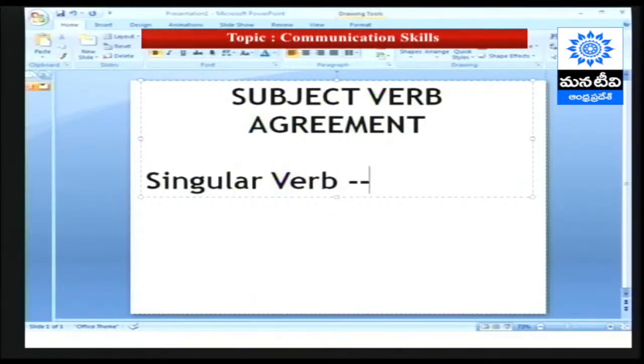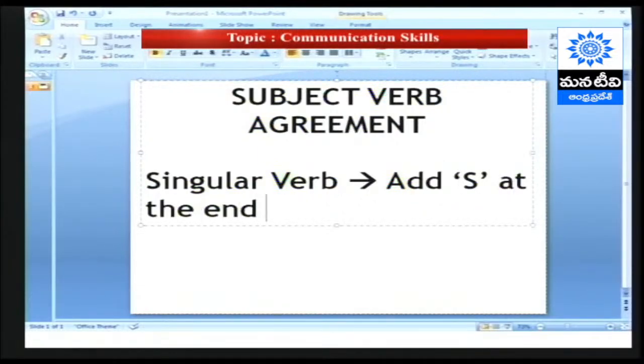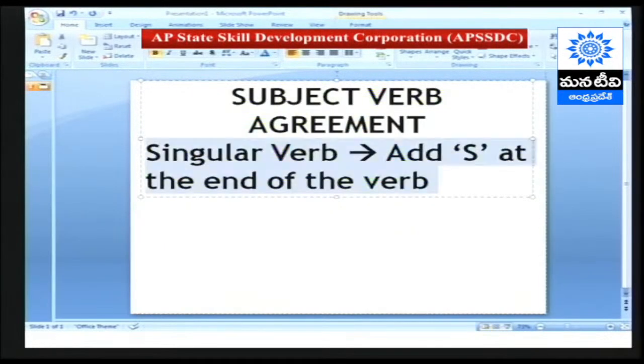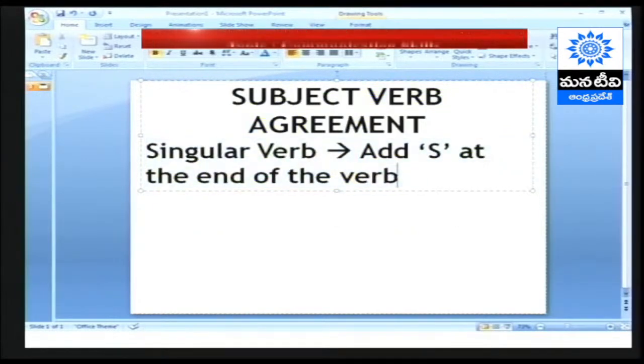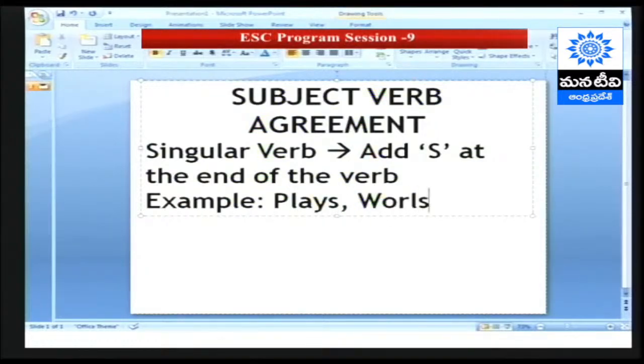If you want to use a singular verb, add S at the end of the verb. Example: plays, works, sings.